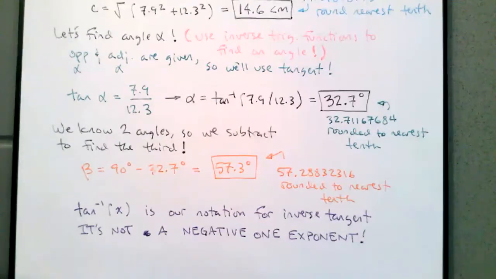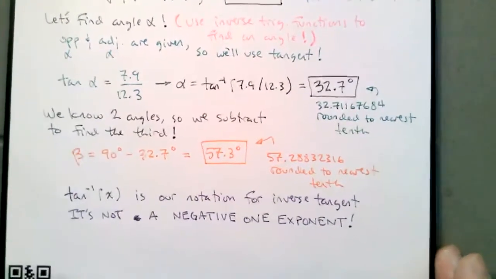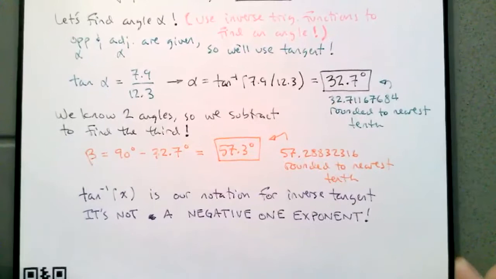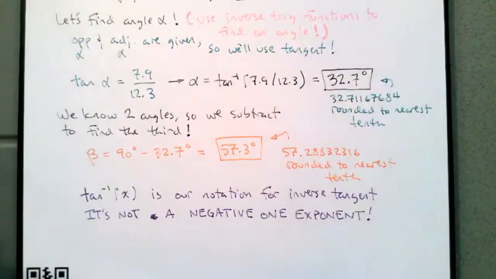When I was doing the 1.3, the one thing I got stuck on was inverse tangents, because tangent inverse was equal to another word, like cotangent, which I think is the reciprocal of tangent.